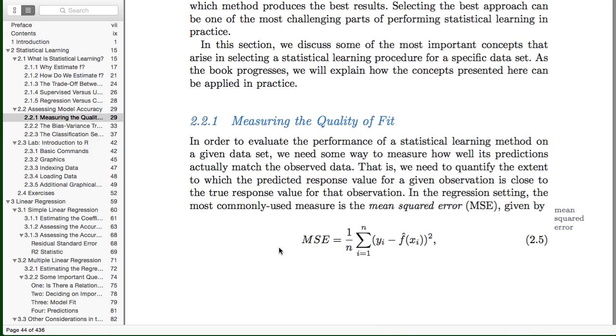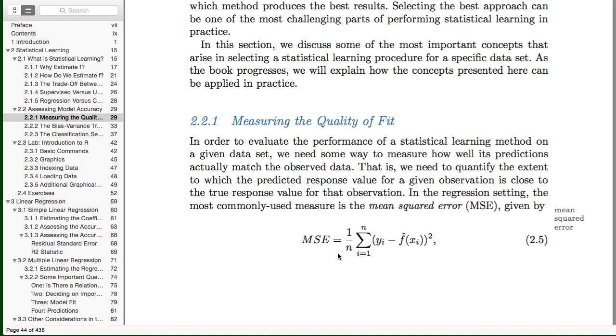And there are going to be different versions of this equation that we're going to look at throughout the course. So this is an expression for mean squared error. And there are other expressions for mean squared error. In fact, there are other uses of the term mean squared error. So you may have seen an expression very similar to this one, perhaps with 1 over n minus 1.